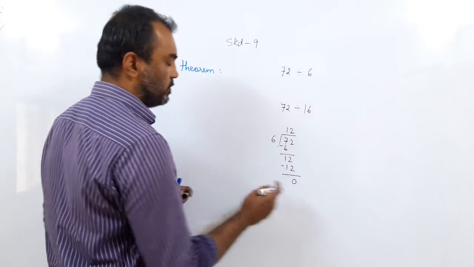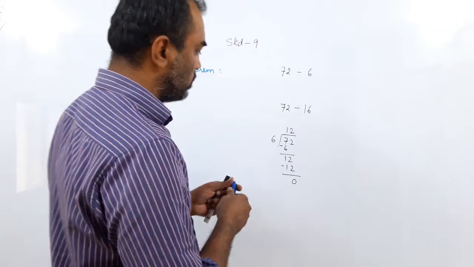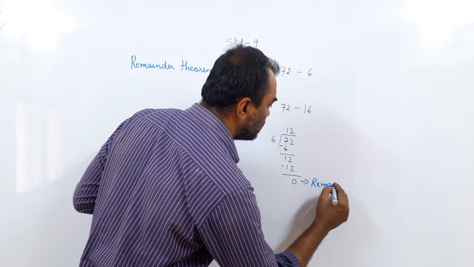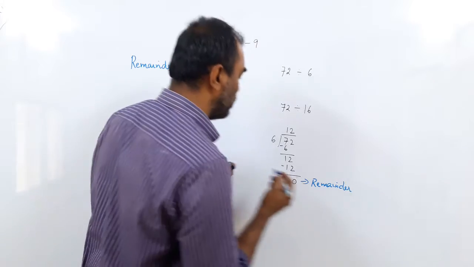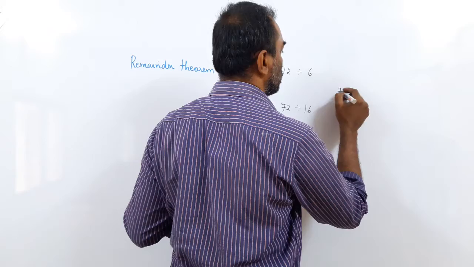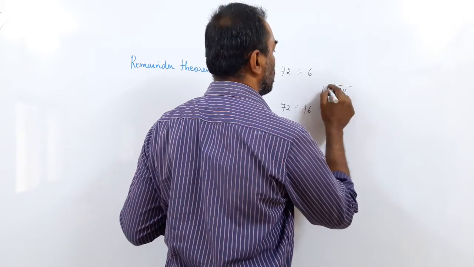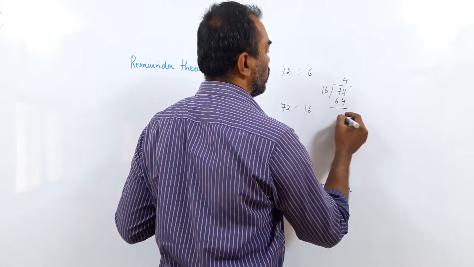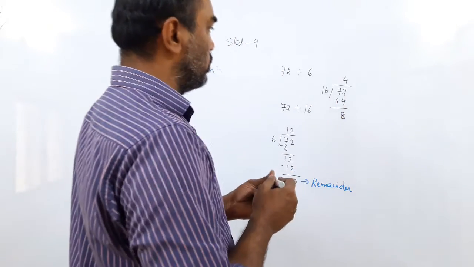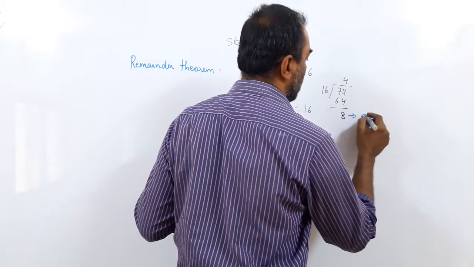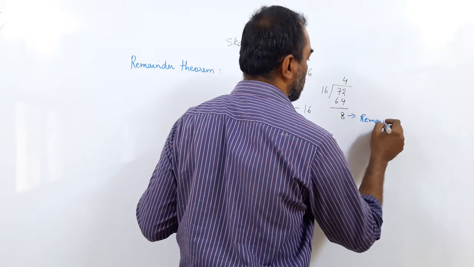What is the remainder? You can see what is the remainder? The remainder is 0. Okay? Let me take the second case. 16 threes are 48, 16 fours are 64. What is the remainder? 8.